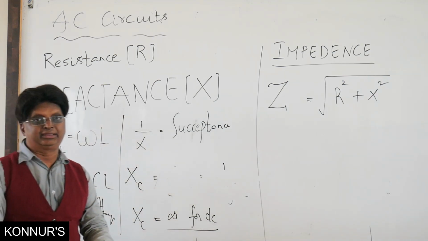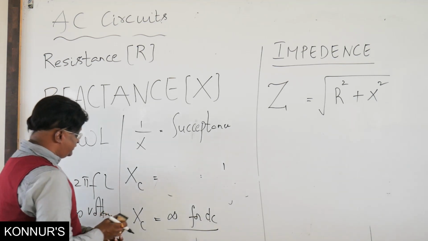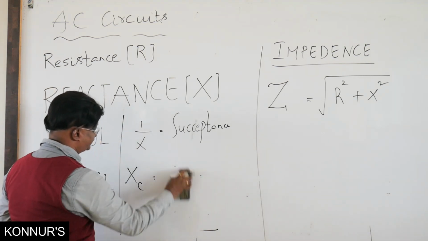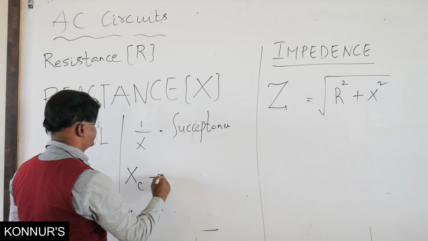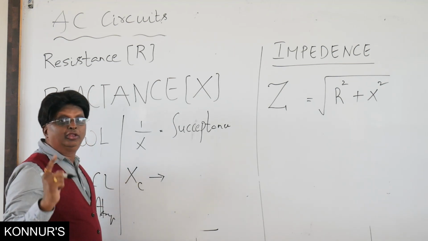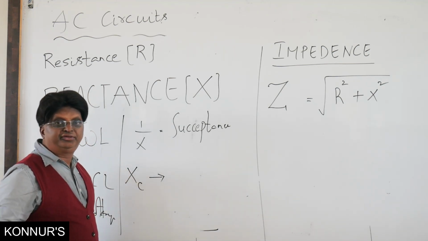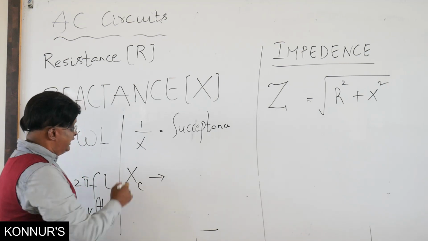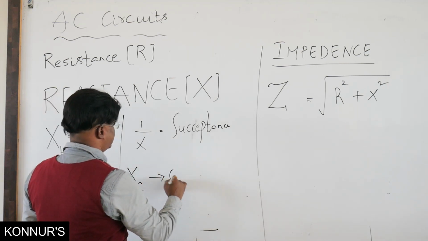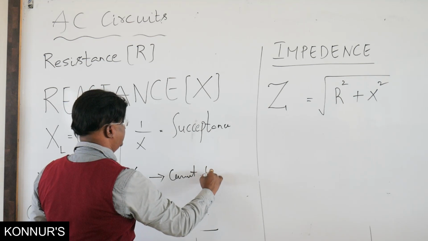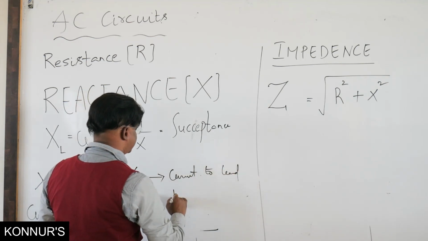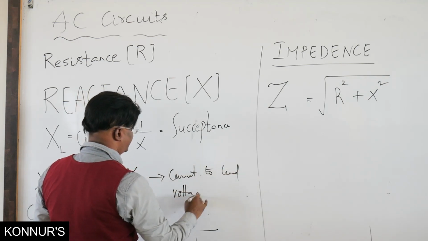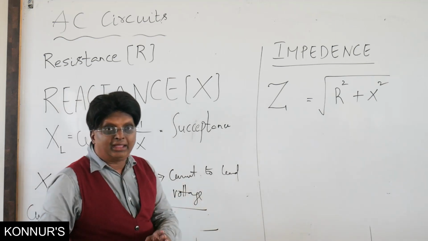Whereas when we write for XC, what is the characteristic of XC? XC is now opposing the variations or changes of voltage but not current. XC will cause current to lead voltage. Current leads voltage.